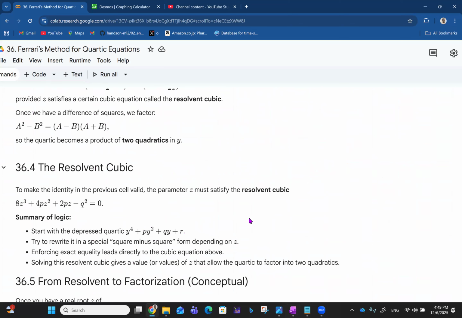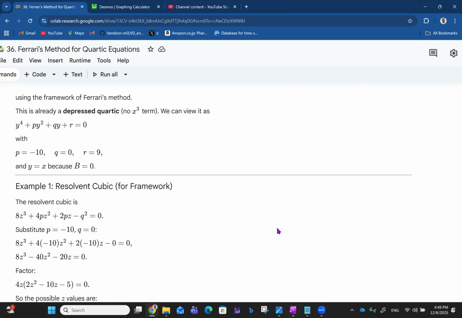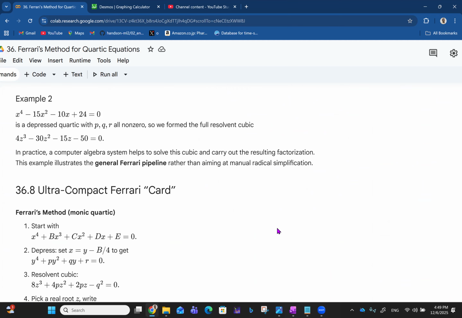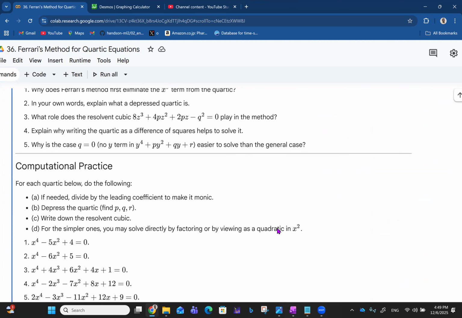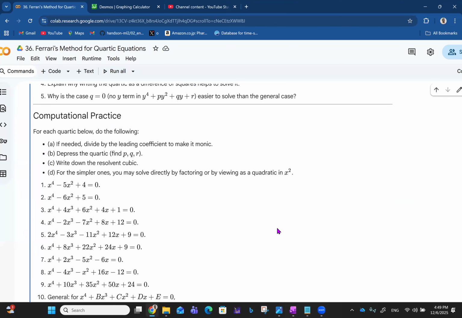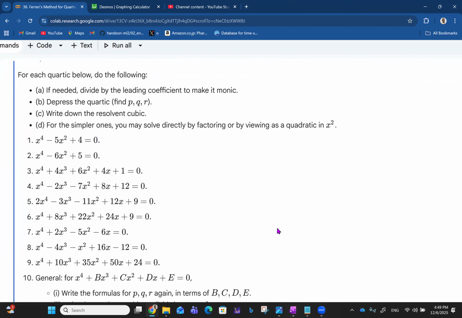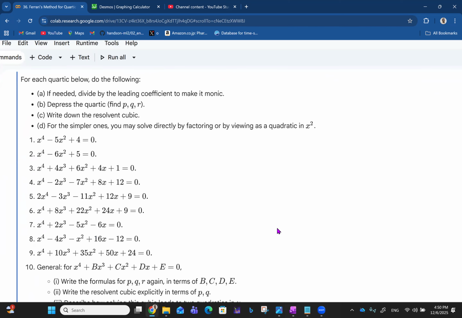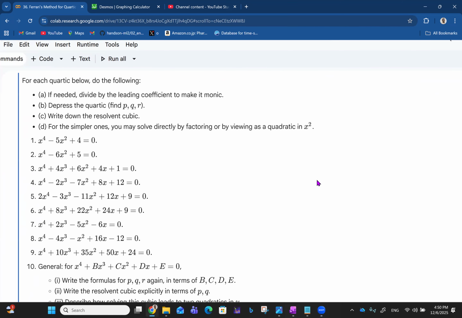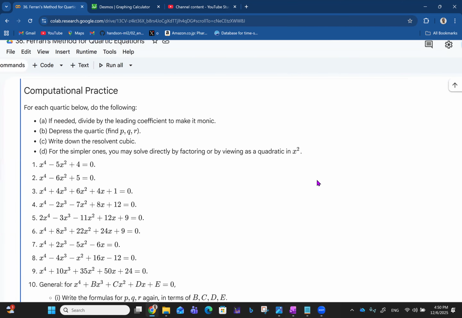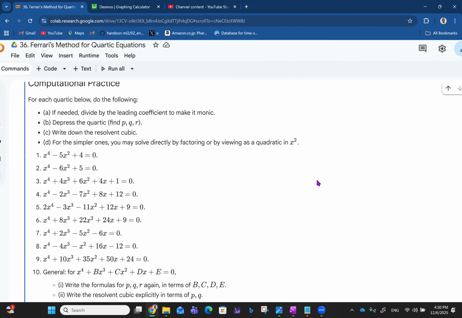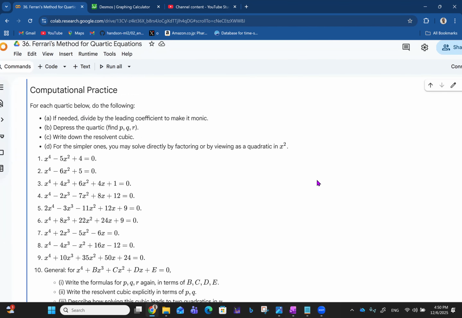You can already do that. Okay. So I'm going to stop on that note and feel free to try your hands on some of the other questions. And like I said, it's rare for you to need Ferrari's method. It's very difficult for you to get into a situation where the only solution method you have is Ferrari's method.